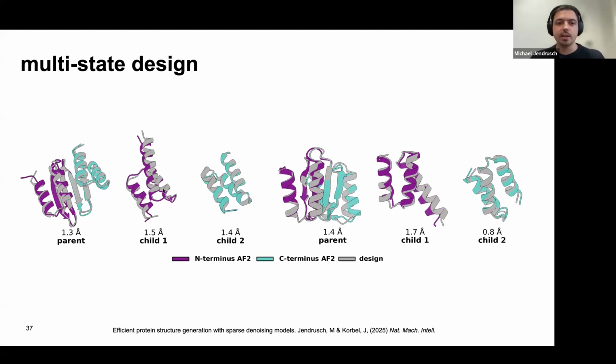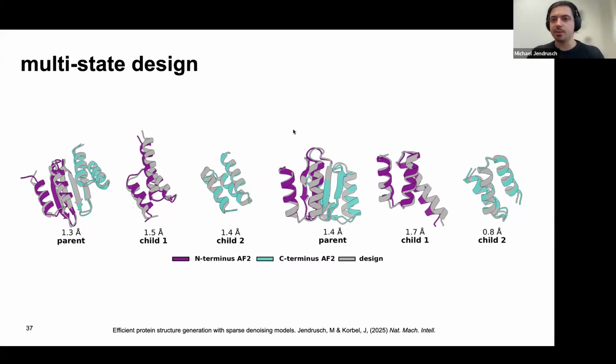And in this case, the conditions were that we wanted to have one full-length parent sequence with a mixed alpha-beta fold, that when it was split down the middle into two child sequences, which are basically the N terminus and the C terminus of the parent, these child sequences should be predicted to fold as helix bundles, so losing the beta sheet in the middle here.